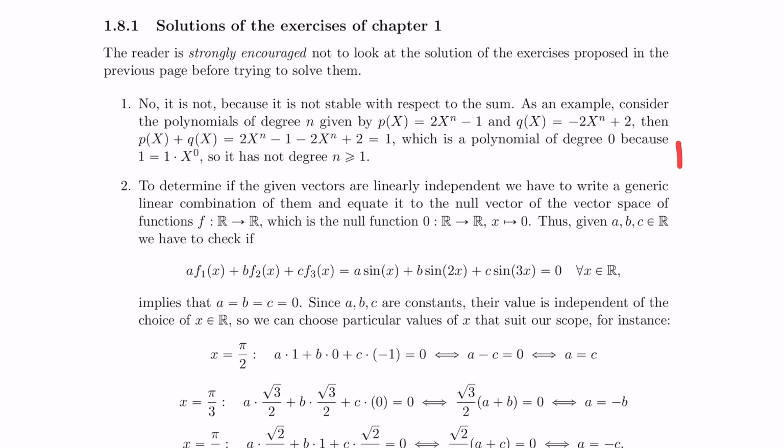Instead, if we consider Fn of x, which is the vector space of polynomials of degree less than or equal to n, then this space contains also the polynomials of degree 0, 1, etc., up to n. For this reason, the sum is a stable operation for that vector space.